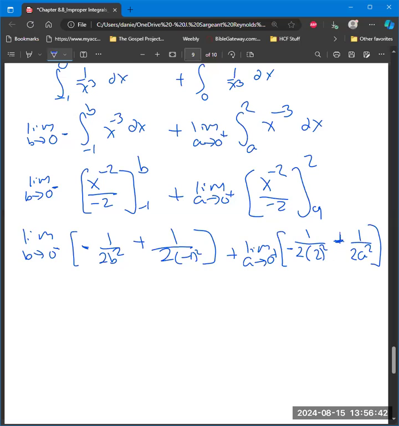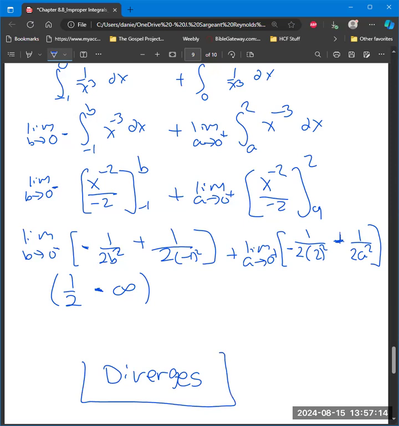Okay, and then as I look at this, this is going to be 1/2 minus infinity. And already when I see that, I know this is going to diverge, because this is going to negative infinity here.